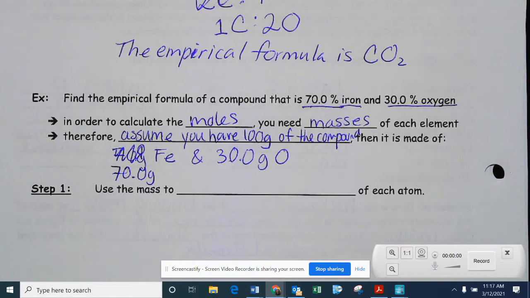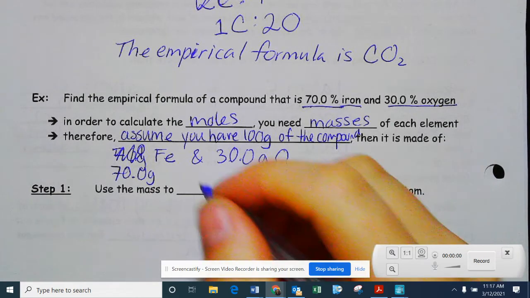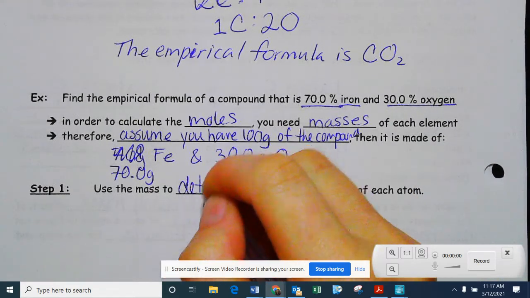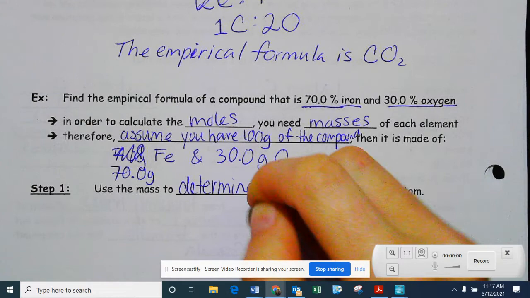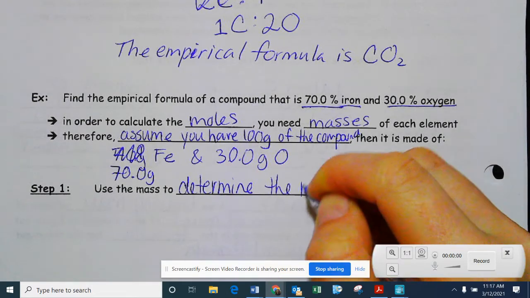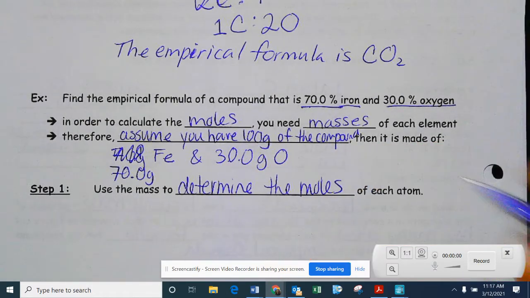This is only when you're doing percentages that you would do this, assuming the total mass. You would not do this if you were given mass. So with percentages, we're going to assume we've got 100 grams and just use those percentages as if they're masses. Then we're going to use the mass to determine the moles of each atom.